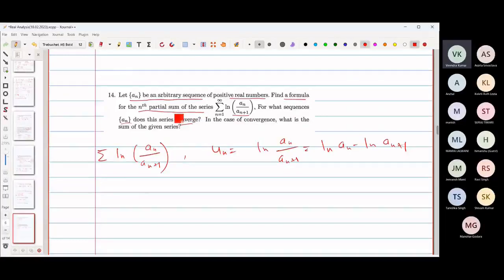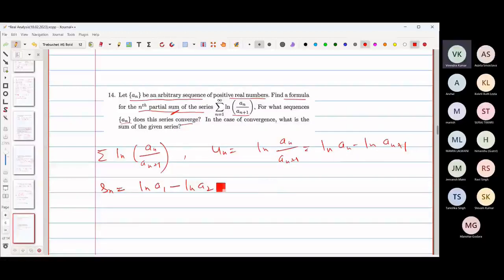When it comes to finding the sum, we will refer to the partial sums. The first term is log a1 minus log a2.